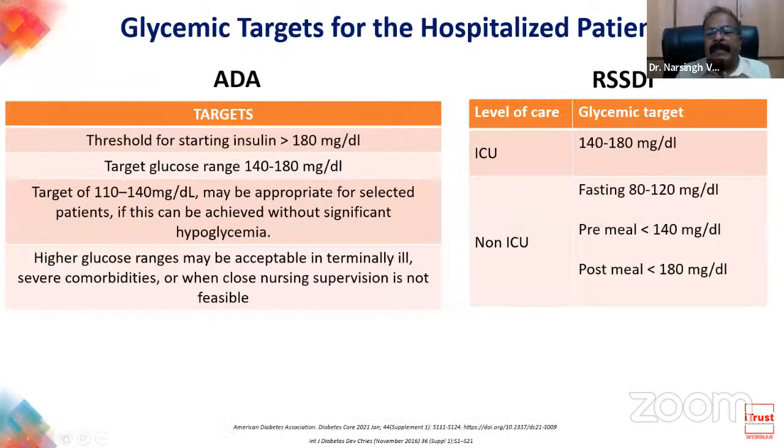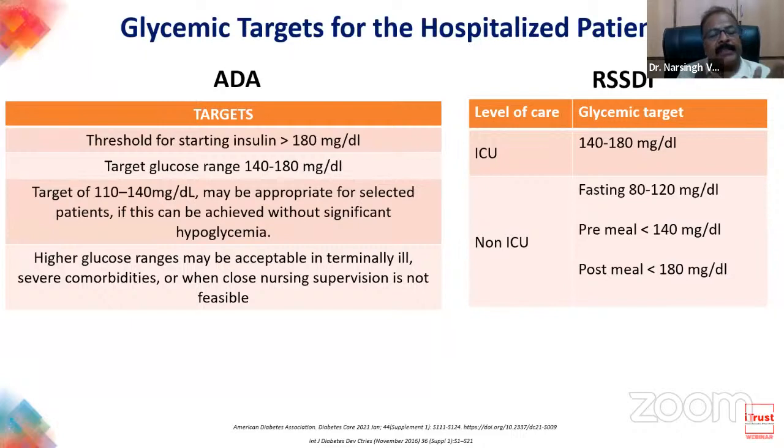What are the recommendations? If we talk about recommendations, then see that the ADA recommends the targets. The targets are very important. And here we have the recommendations from ADA and from RSSDI. The threshold for starting insulin is when hyperglycemia is there and blood sugar levels are more than 180 milligram per deciliter.